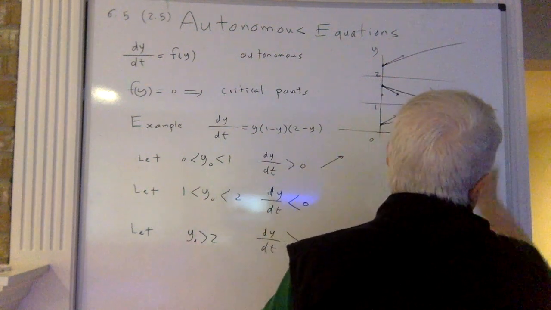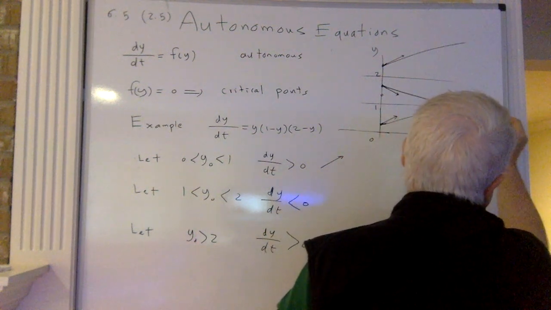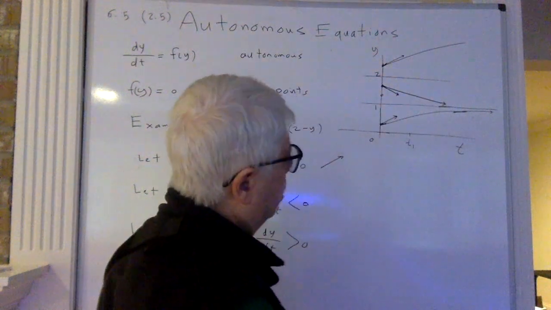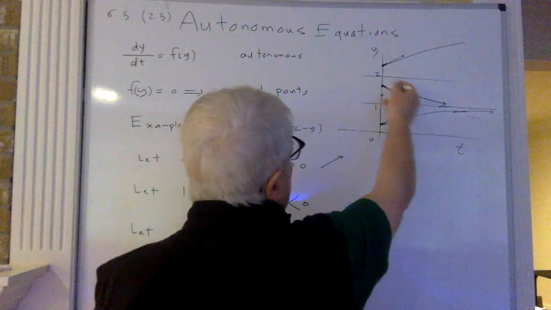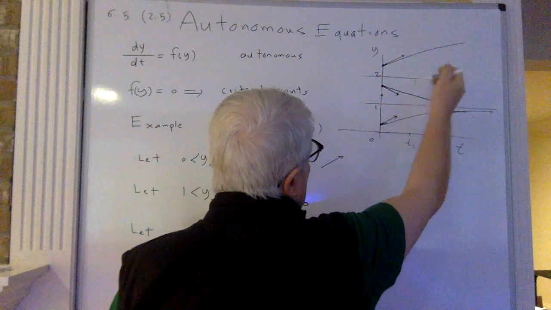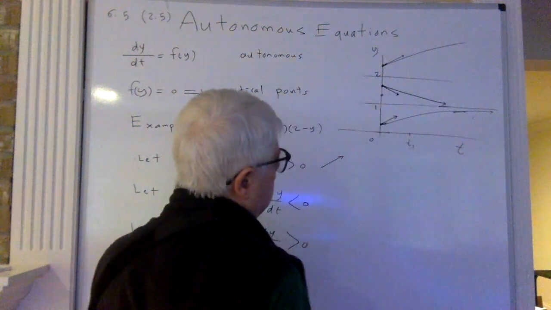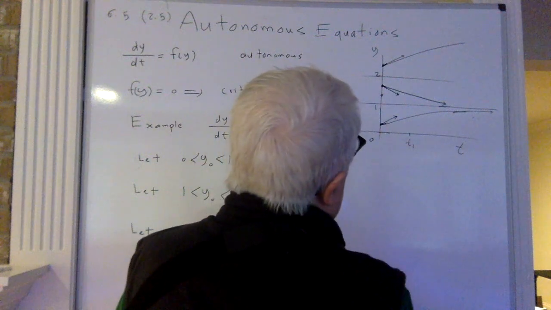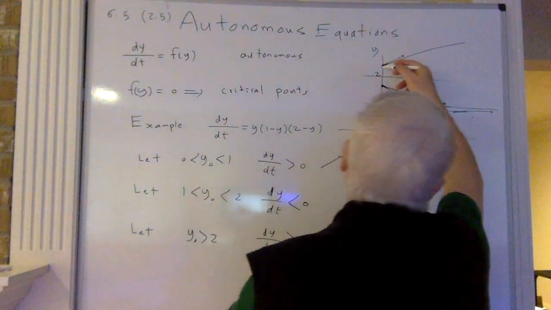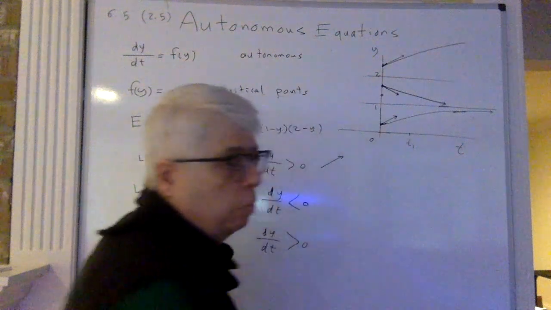So in the long run, this approaches y equals 1. This one goes down, never passes this line, so it goes down to 1. How about this one? That goes to infinity.